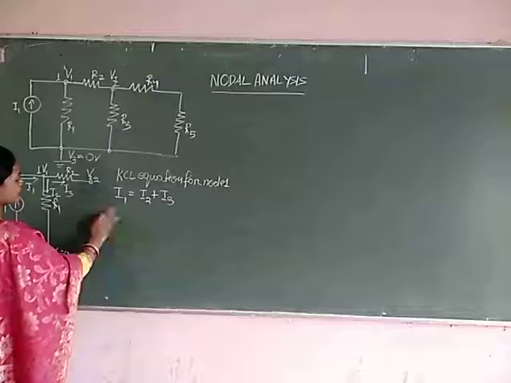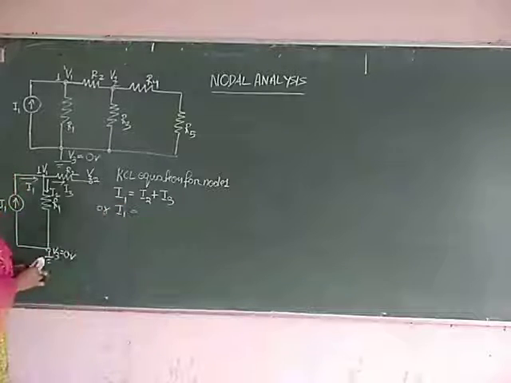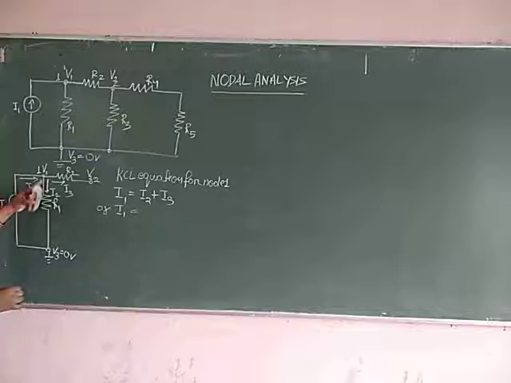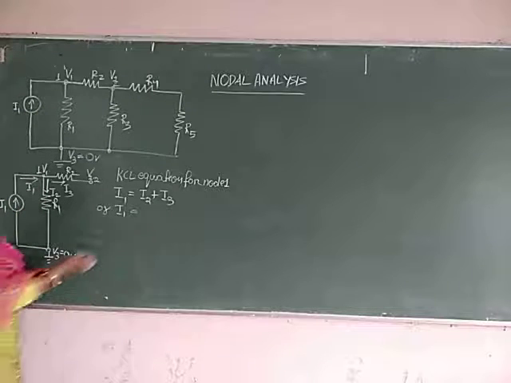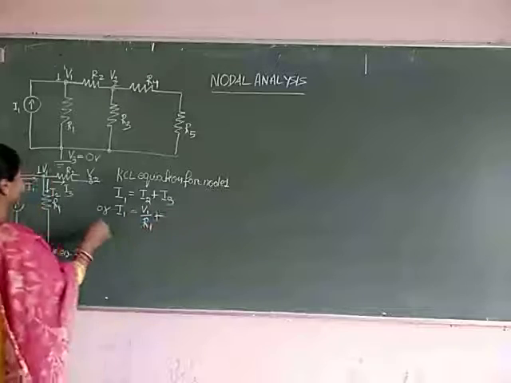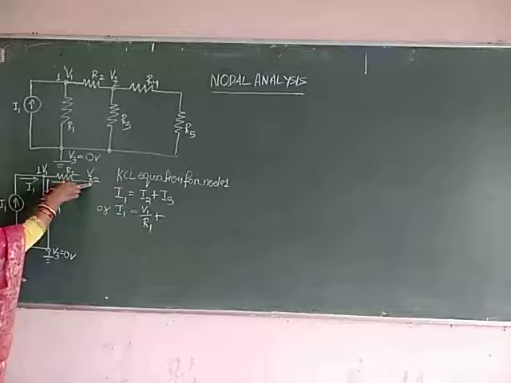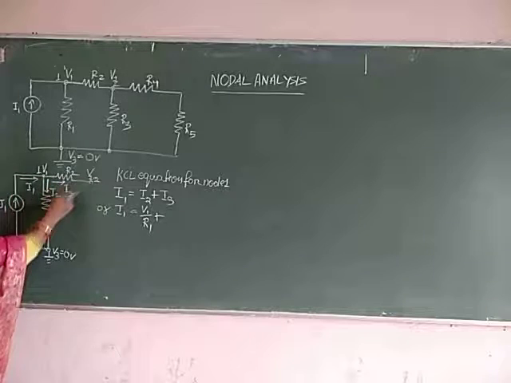Here I2 is V1 by R1 in this direction, and I3 current flows from V1 towards V2.